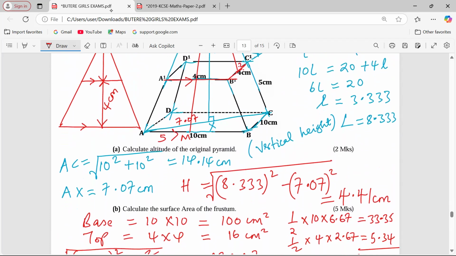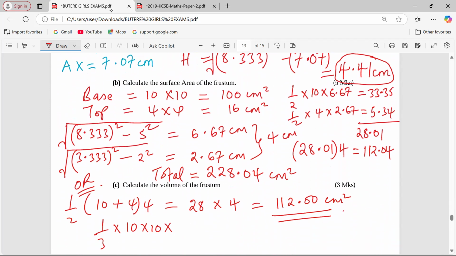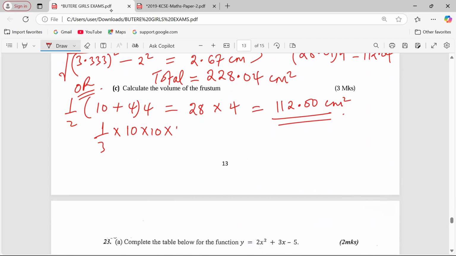So the vertical height is 4 point, that's what we got first, 4.41. So the original volume will be a third multiplied by 10 times 10, then multiplied by 4.41. This gives us 147 exactly.